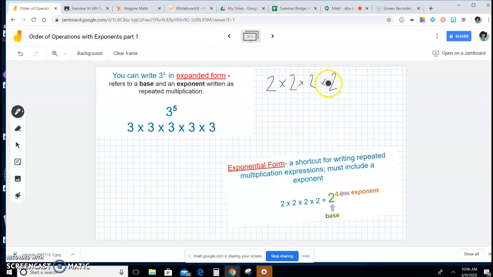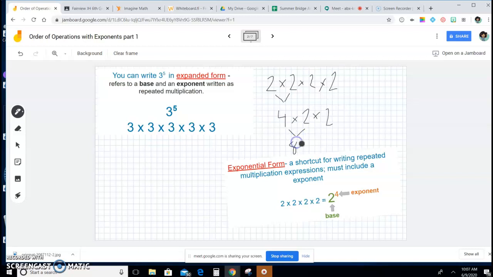There's only one operation in this particular case, which is going to be multiplication. So you want to take two numbers at a time and multiply them together. 2 times 2 is 4. Then I'm going to bring all of my other numbers down from my expression. 4 times 2 is 8.